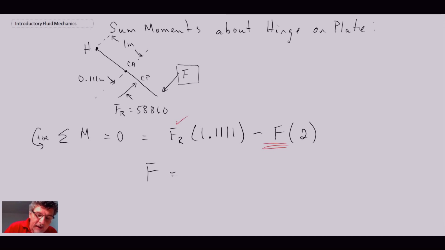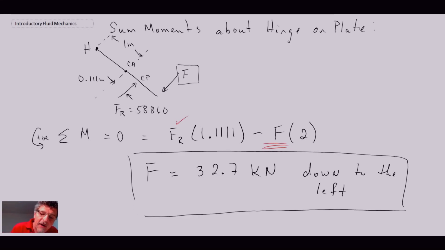And what we get is 32.7 kilonewtons. And if you really want to be specific, you could say down and to the left, in case somebody gets upset that you haven't shown it as being a vector.